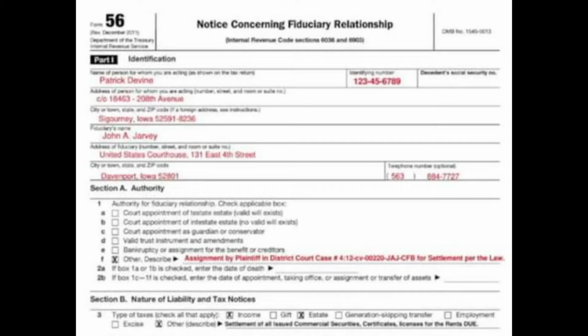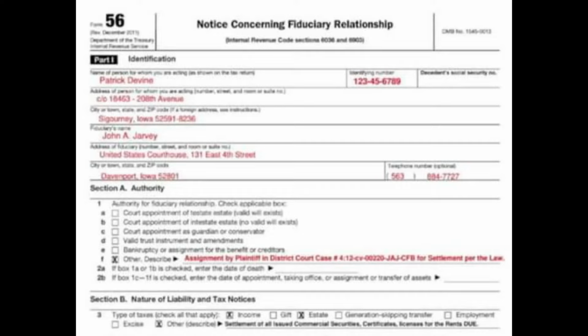But everything here is absolutely correct as far as trying to reach settlement and closure of the case based on law. If you look at this document, everything in the red is going to be your information. You put your social in there.